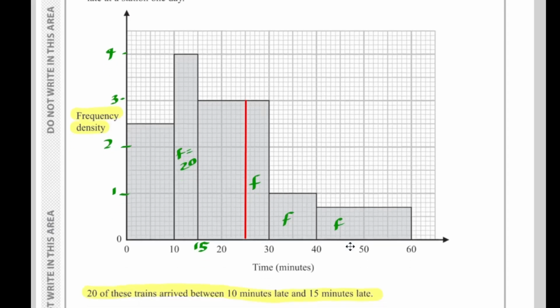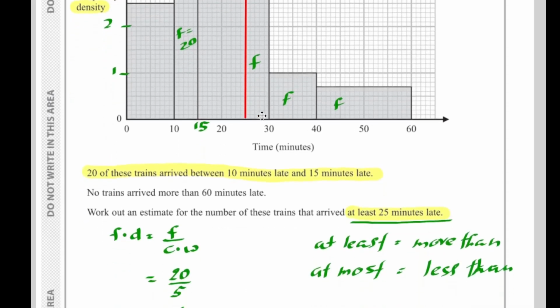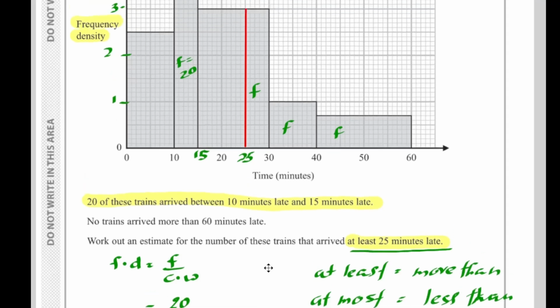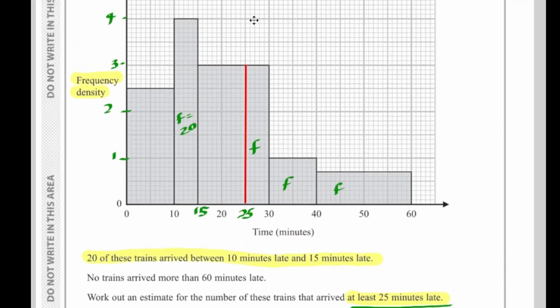So we figured out we have the frequency density, in this case 3. Then when getting the frequency density for this bar, this is 25 to 30.